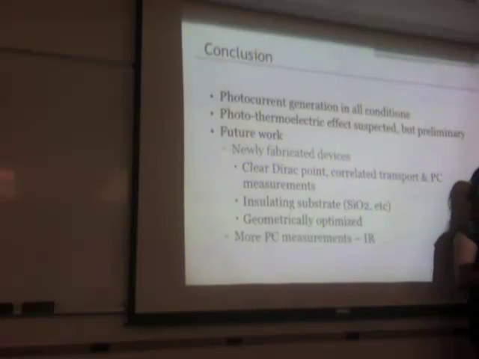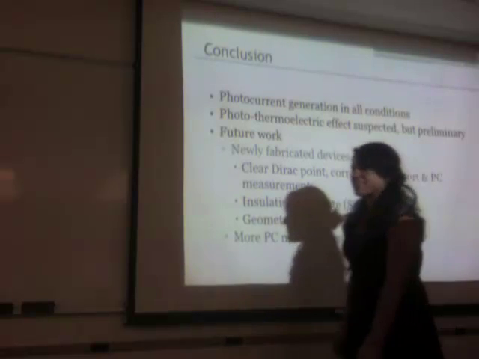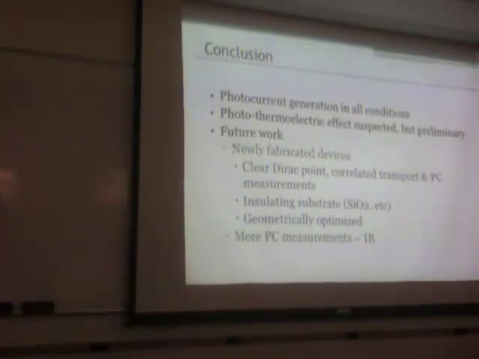But when we measured, it didn't freeze out. So we figured maybe if we use infrared light, which is below the band gap of silicon, we'd freeze out silicon. So we did. But it was also an excuse to get a new laser. Anyway, I would say that the photothermoelectric effect is suspected, but it's preliminary.